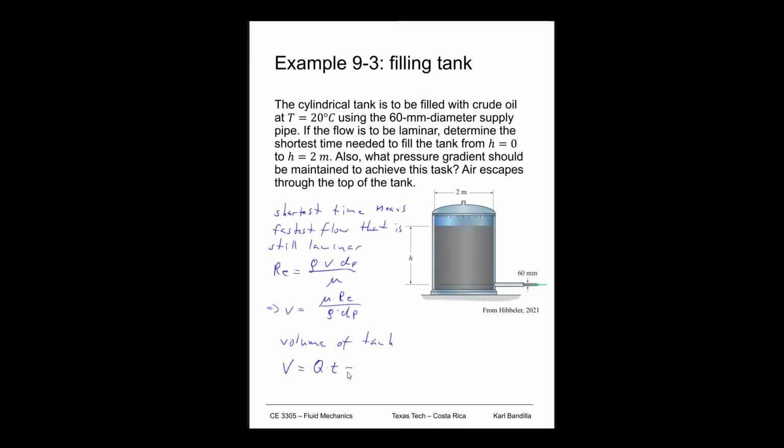What's the flow rate? Well, the flow rate is the average velocity times the area of my little pipe times time. And we can find the area, that's just pi over 4 times d pipe squared times t. Right, that would be our volume.